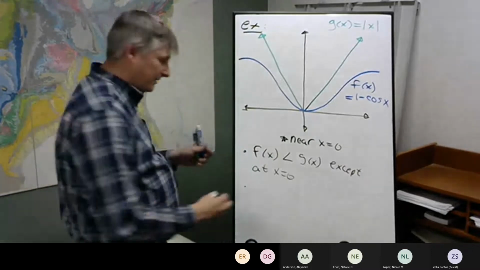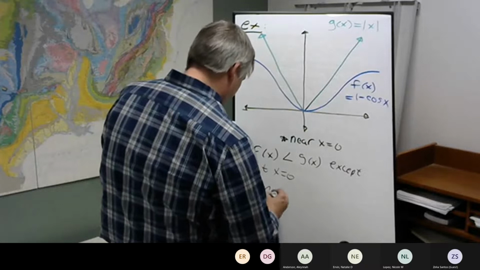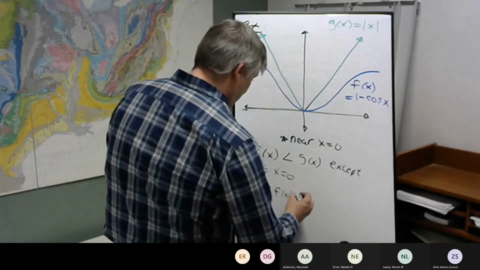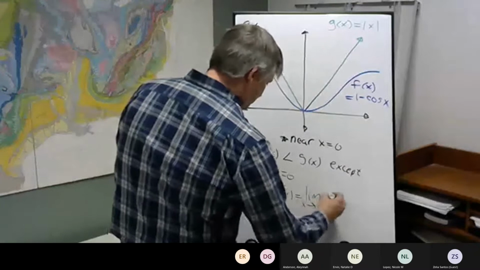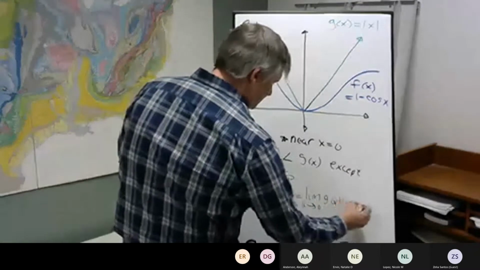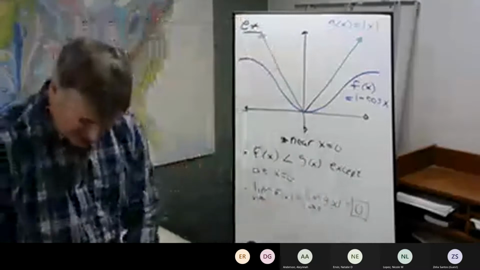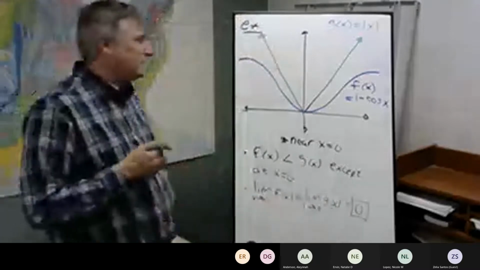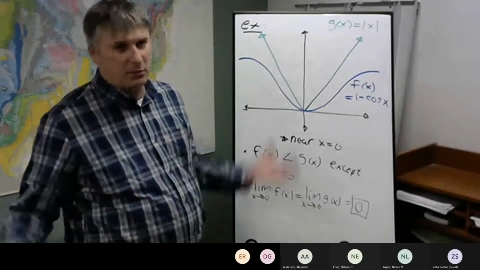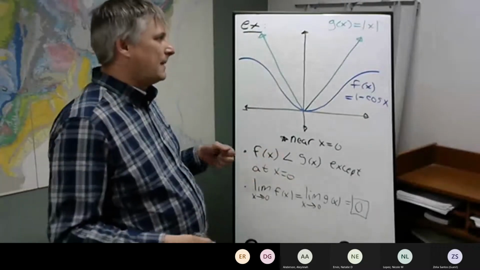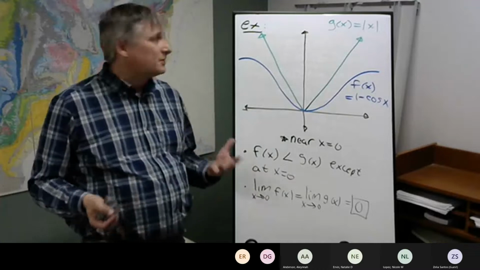But if you take the limit as x goes to 0 of f of x, it will actually equal the limit as x goes to 0 of g of x, which is going to be 0. So that's just a special point they wanted to make in the text. Just because you have hard inequalities at all the other points except x equals c, that doesn't mean you'll have a hard inequality for your limits. That's not going to hold true.